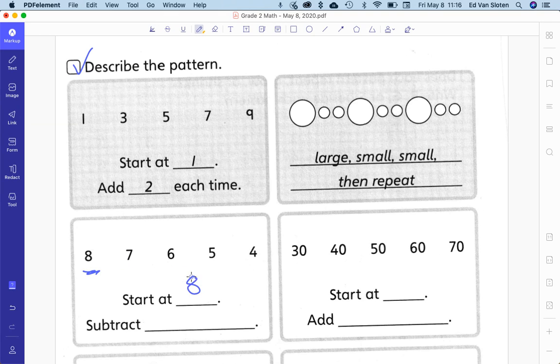Start at 8. What are we subtracting each time? Oh, wow, they're taking subtract 1 each time. 30, 40, 50, 60, 70. Start at 30. Add 10 each time.